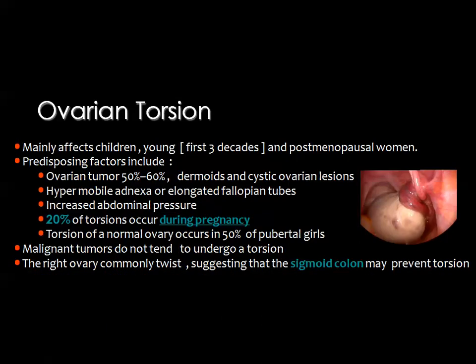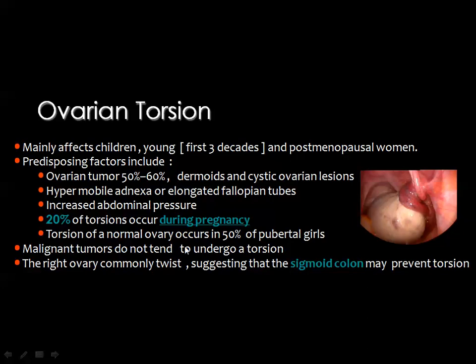And torsion of the ovary means that the pedicle of the ovary has torsed, and there is some compromise of the blood supply of the torsed ovary, and here are the predisposing factors.